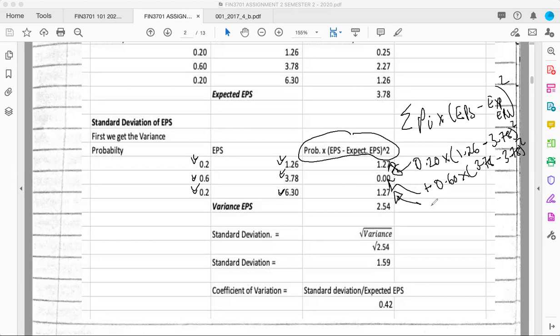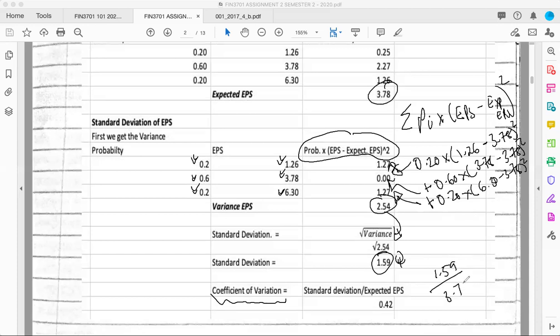And then lastly, this 1.27, we get it by saying 0.20 times 6.30 minus 3.78 squared. And then if we add those values up, we get the variance. And then the square root of that variance gives us the standard deviation of 1.59. And then lastly, we can then calculate the coefficient of variation by simply taking our standard deviation of 1.59 divided by the expected EPS of 3.78, and then rounded off to 2 decimal places, we get 0.42.